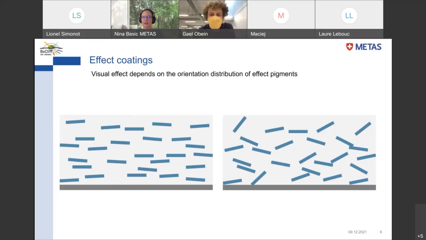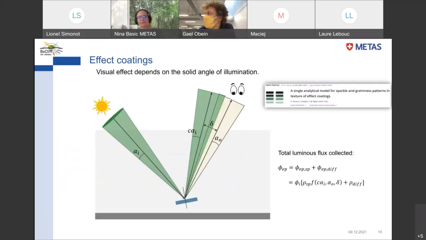And now lastly, what we're seeing from this kind of effect coating also very, very much depends on the solid angle of illumination. Okay?